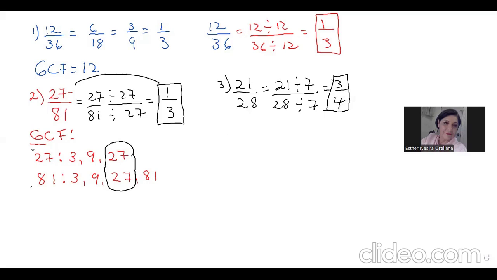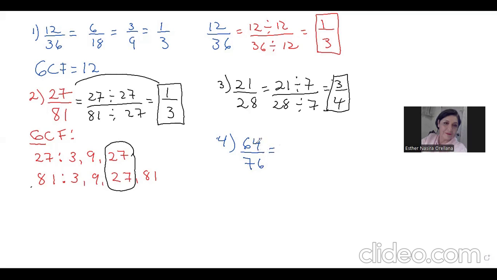Let's do another example. Number 4. When the numbers are not so easy, it's always better to find the greatest common factor.